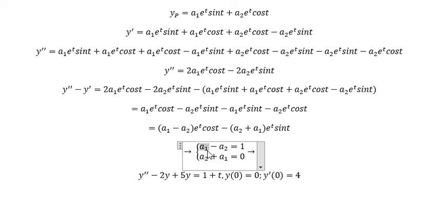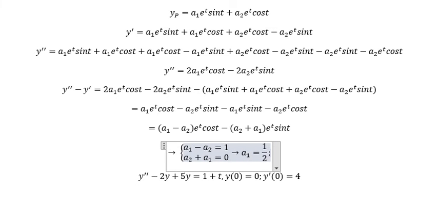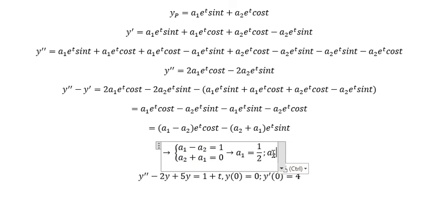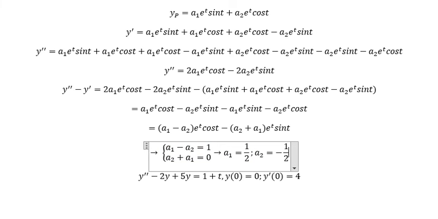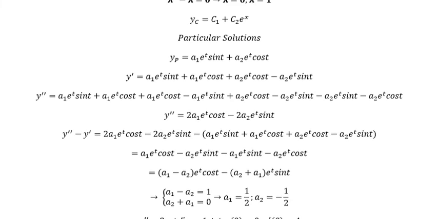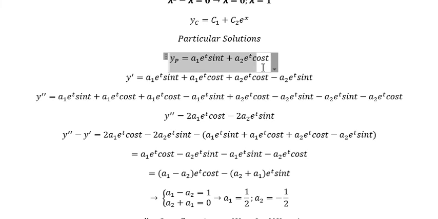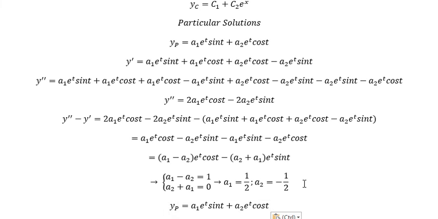So A1 is 1 over 2, A2 is about negative 1 over 2. After we find about this one, we go back to this one in here and we change for 1 over 2, negative 1 over 2.